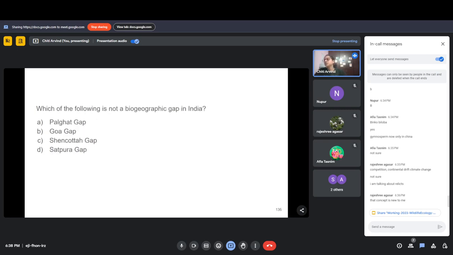Okay, so tell me, which of the following is not a biogeographic gap in India? Is it the Palghat Gap? Is it the Goa Gap? Is it the Shenkota Gap? Or is it the Satpura Gap?